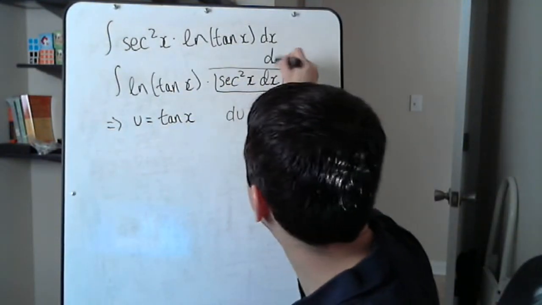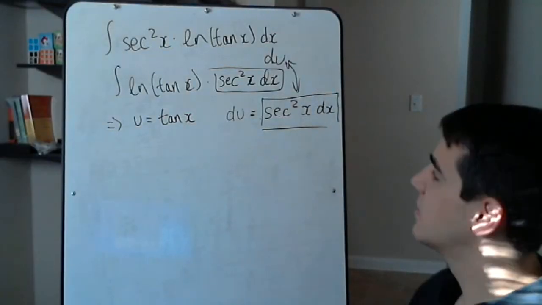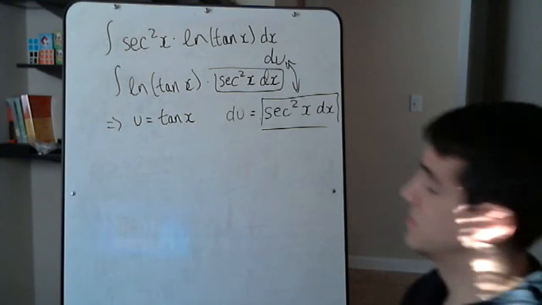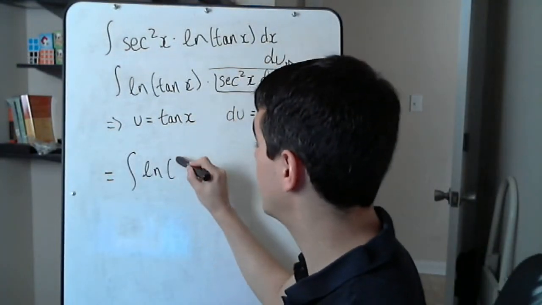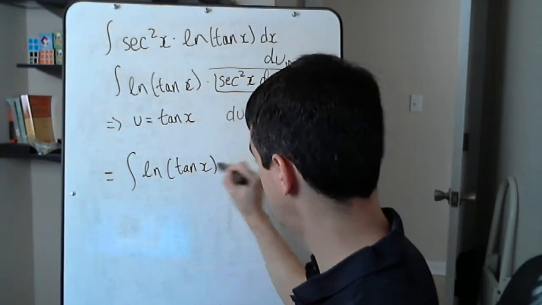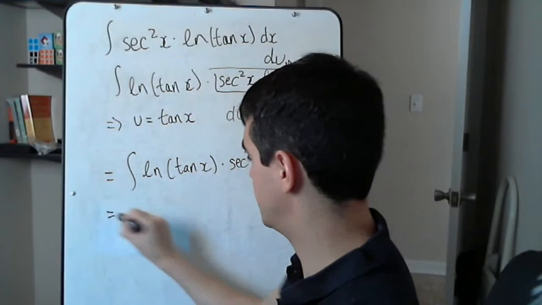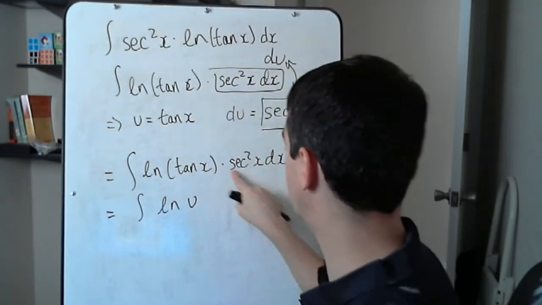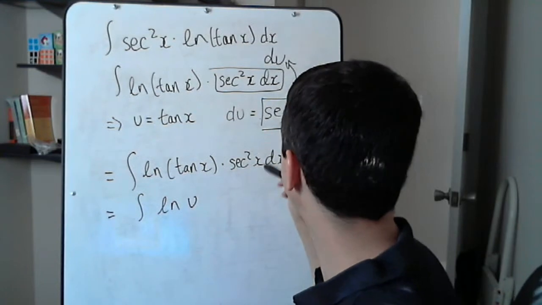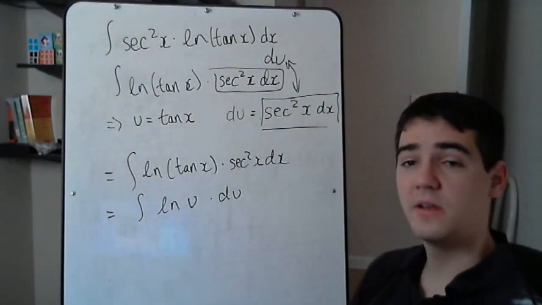There's your du. So now we can make our substitution. The integral of ln of tangent x times secant squared x dx is the same as the integral of ln of u du.